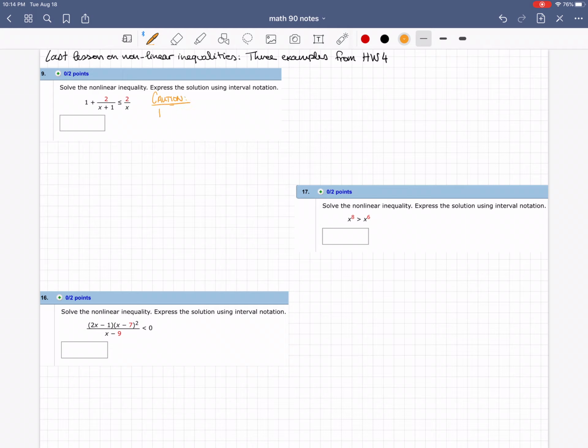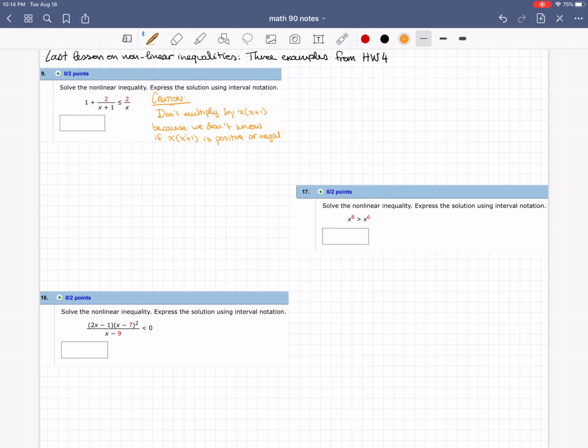We don't want to multiply both sides of this inequality by x times x plus 1, and the reason for this is we don't know, for any given value of x, whether x times x plus 1 is positive or negative.